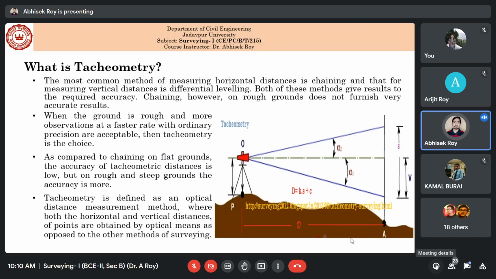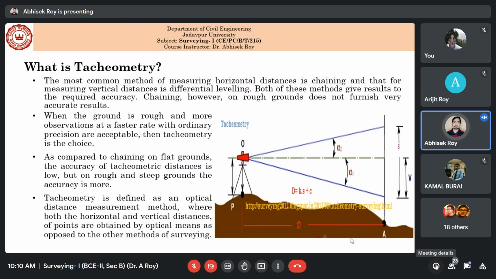We have to depend on tachymetry, because in tachymetry we will measure the horizontal as well as the vertical measurements. However, the accuracy in this method is a little bit less. So precision is a little bit less.